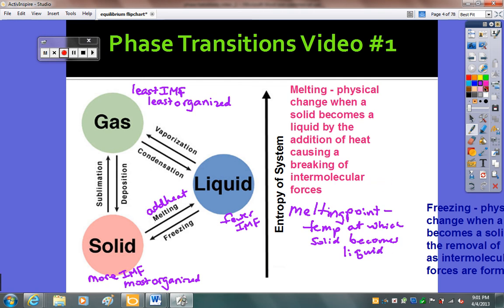There's a slight addition to this case. If you have a normal melting point, then this is going to be the temperature at which the solid becomes a liquid at 1 atm, because the pressure will cause slight changes in the temperature that will allow melting or freezing, vaporization, condensation, etc. to occur.